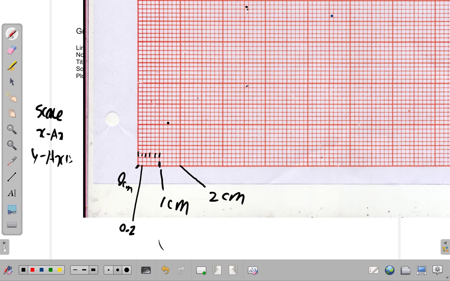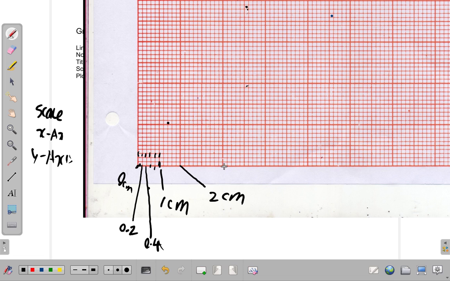So we have 0.2, 0.4, 0.6, 0.8, 1. Alright? If you're plotting and you have to look closely at the graph, 0.1 would be halfway between 0 and 0.2.